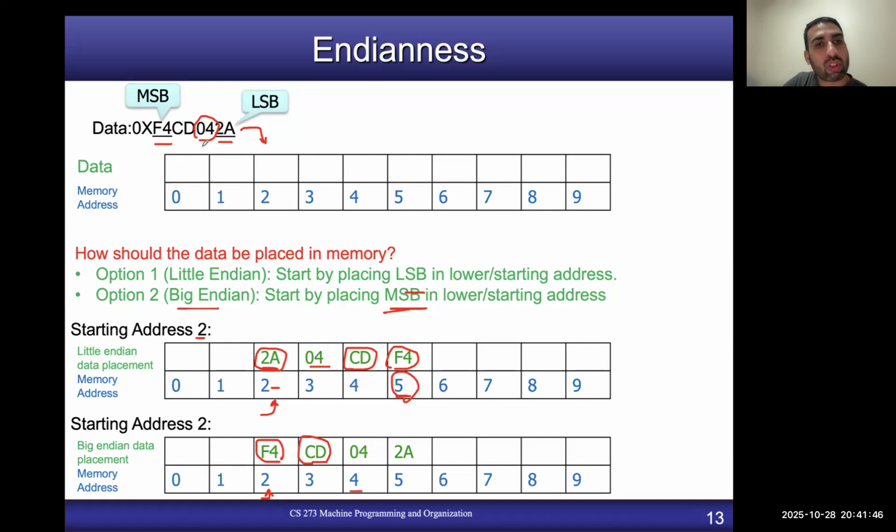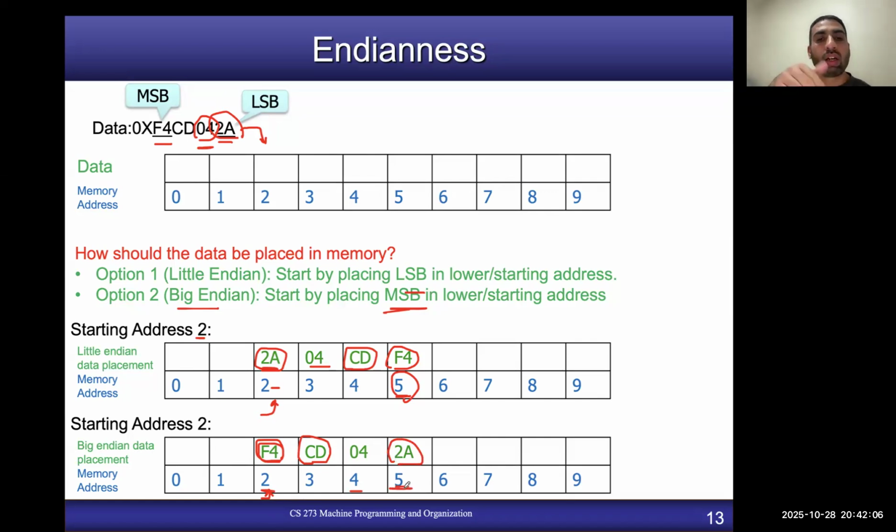At address 4, we put 04, and at address 5, we put the least significant byte 2A. So in big endian, the most significant byte goes into the lowest address and the least significant byte goes into the highest address. This is known as big endian.